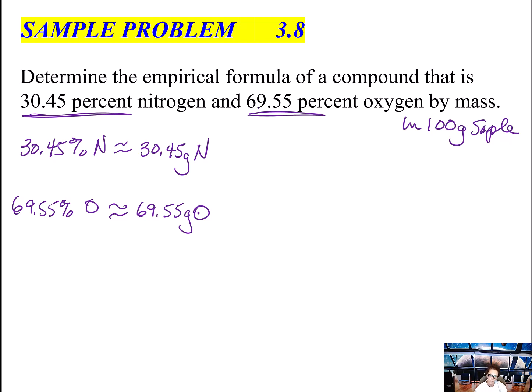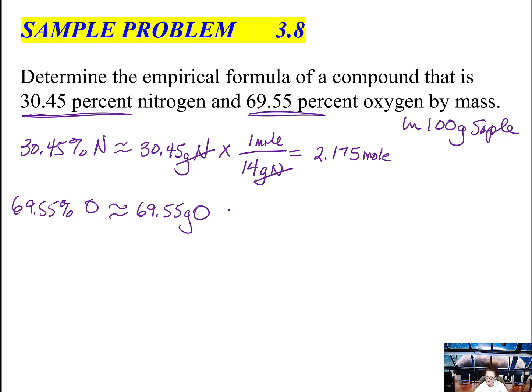And I know that in a formula, they're not in grams, they're not in mass percentages, they're in molar percentages. So what I've got to do is convert each one of these to moles. I can look up on my periodic table for nitrogen. I know nitrogen is approximately 14 grams in 1 mole. So that's going to give me moles of nitrogen, and that comes out to be 2.175 moles of nitrogen.